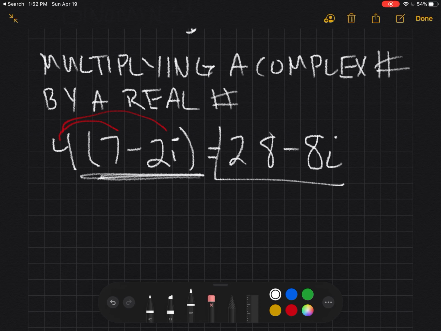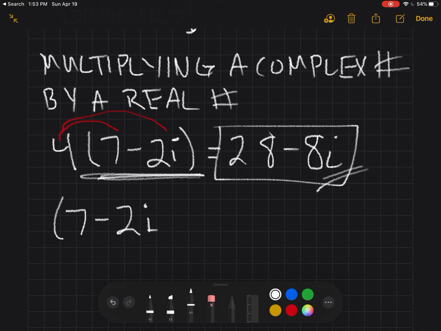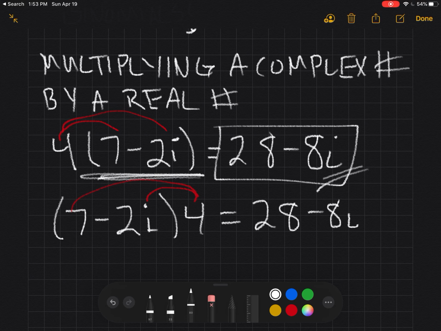I want to treat this complex number as if it were a binomial, which means what I'm going to do is distribute here and here. And so 4 times 7 will give me 28, and 4 times negative 2i will give me negative 8i. And that would be our final answer.